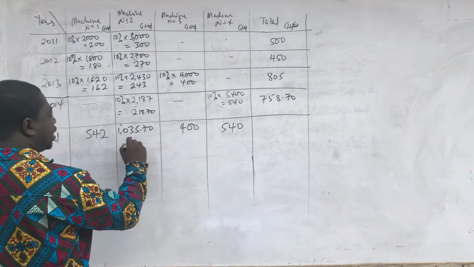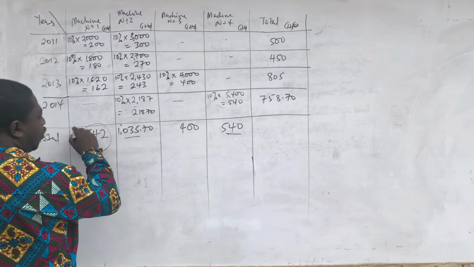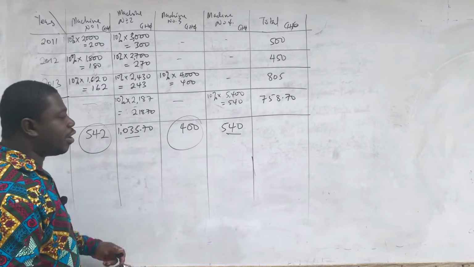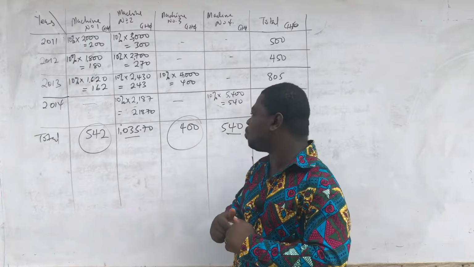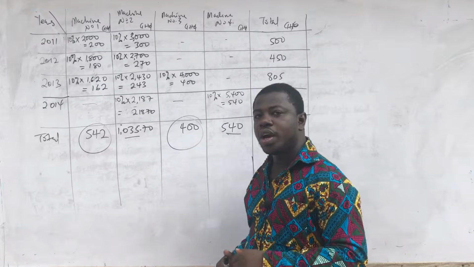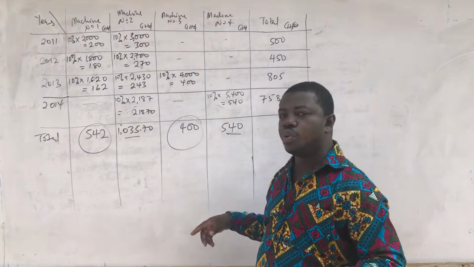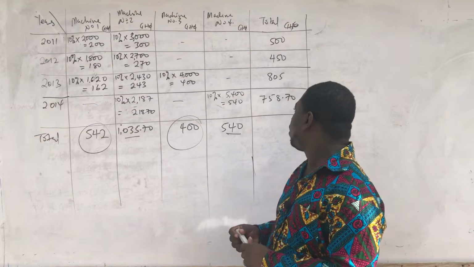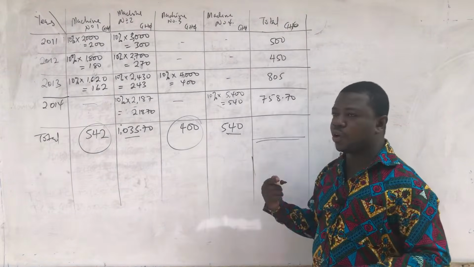So it means that this and that will not be useful in our account. It is the 542 and the total of 400 that we are going to use because we are going to do disposal, and that is the meaning. So when you do this, you can just decide to calculate for the machines that you sold, because that is what you will need for the account. All right, and so you can have a total depreciation, which we are not going to use for anything.